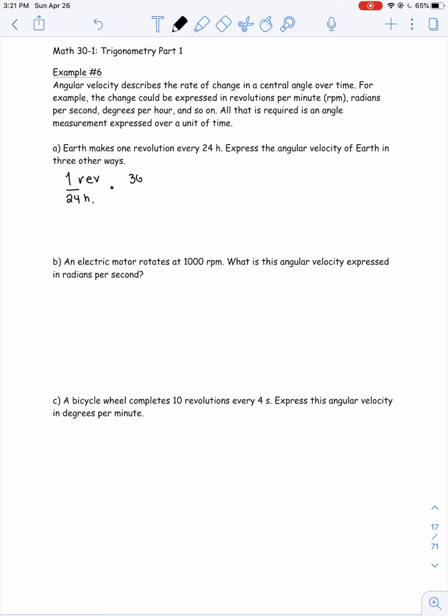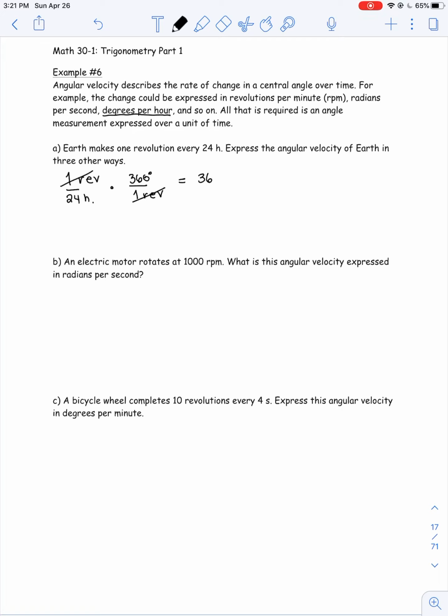And we know that there's 360 degrees in 1 revolution. So this is where I'm using my degrees and converting it over time. So degrees over time, or degrees per hour. That's what I'm doing in this case.